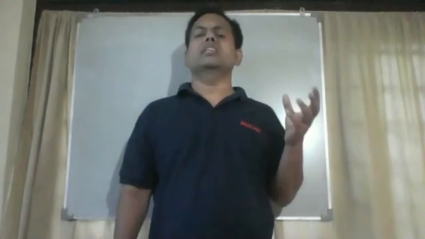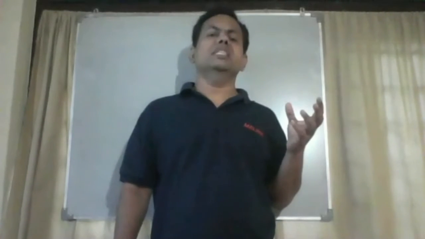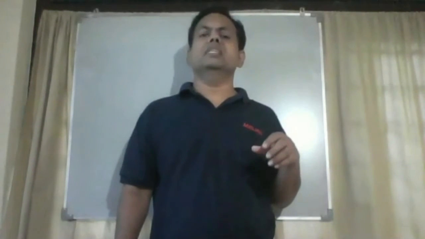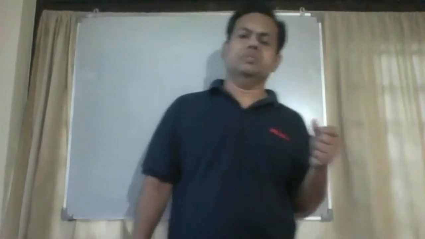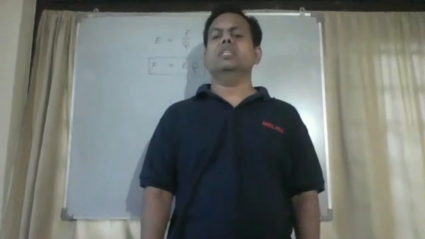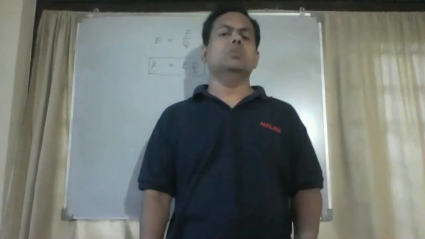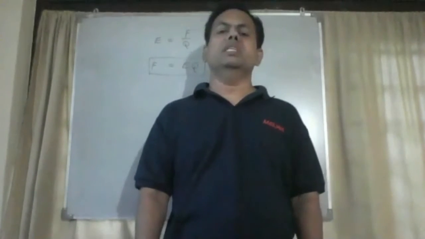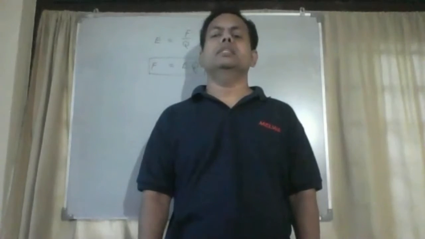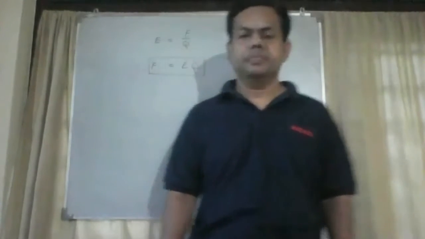Therefore, we can express electric field intensity mathematically as follows. E is a vector quantity. SI units of E is newtons per coulomb. Dimensions of E is M, L, T minus 3, I minus 1.